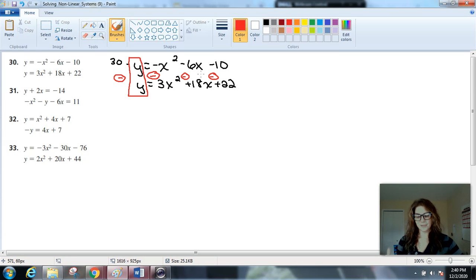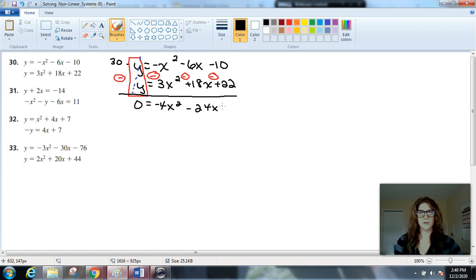So whether you multiply by -1 to get them to be opposites and then add them together, or you just start right away by subtracting them, those y's will go away. And then we're left with 0 equals -4x squared minus 24x minus 32. Okay. From here, you can solve by any method.